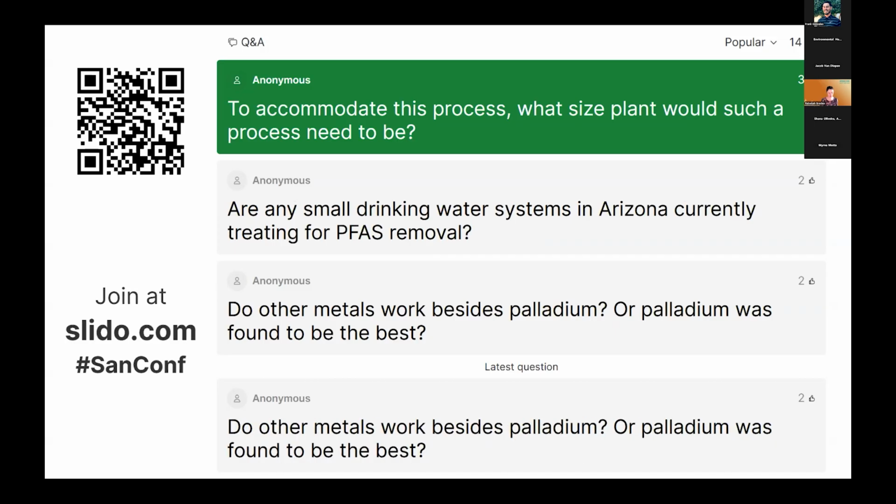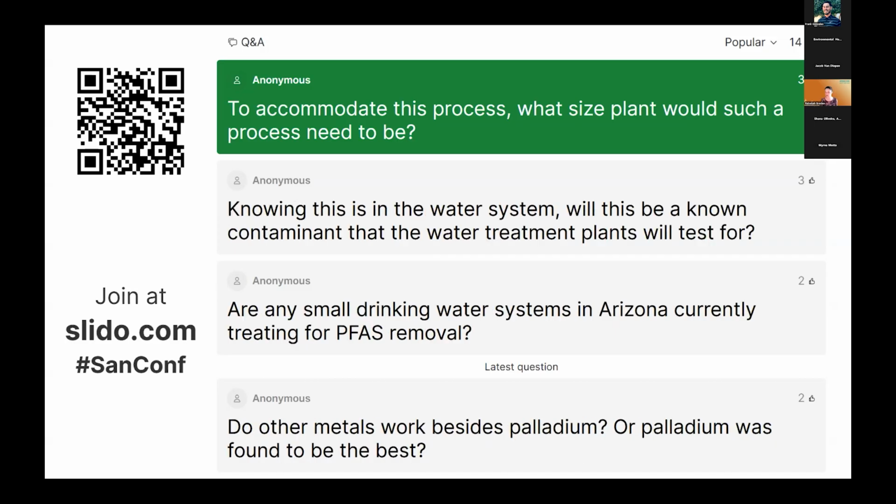The system is modular, and each module will have a certain capacity for removing the PFAS molecules. Then we look at the mass flow of the PFAS molecules that are removed, and we say, well, we need 4 modules or 10 modules or 20 modules or something like that. And that's how we design the system.